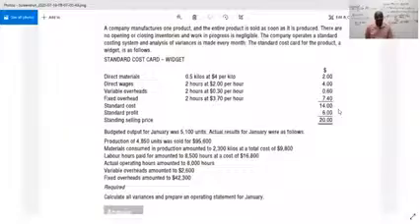Robert is asking, what about fixed overheads volume variance? Fine, we are not yet there. Remember, you are a cost accountant, a management accountant. In management accounting, how do you ascertain your costs? First you start with materials, then labor, then variable overheads. After variable overheads, we go to fixed overheads, and then for profitability, you do the sales.